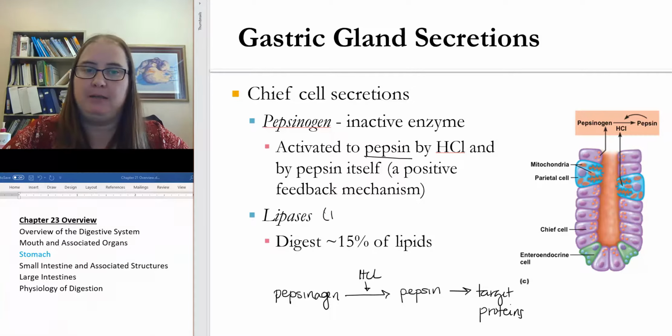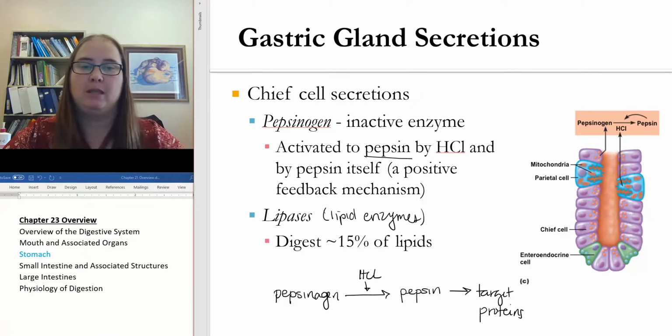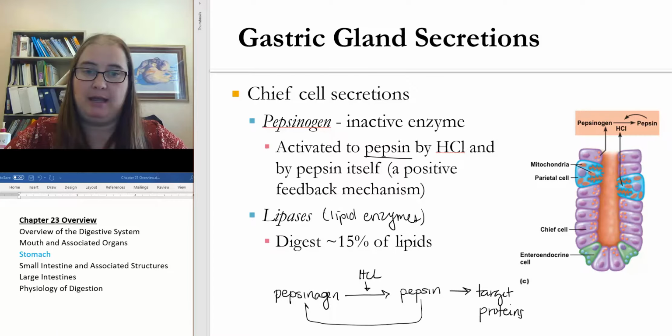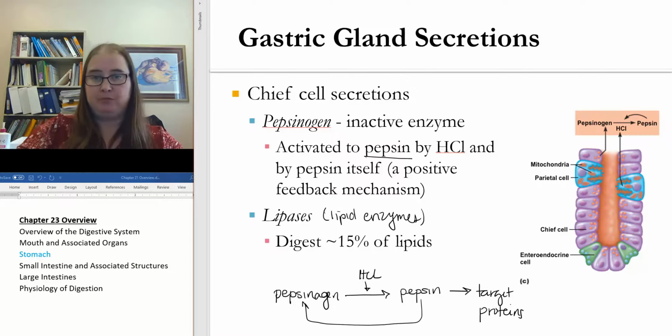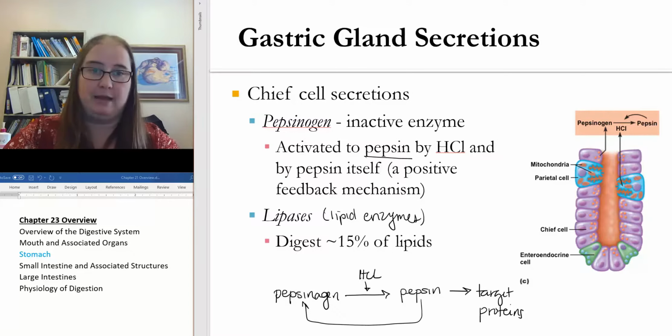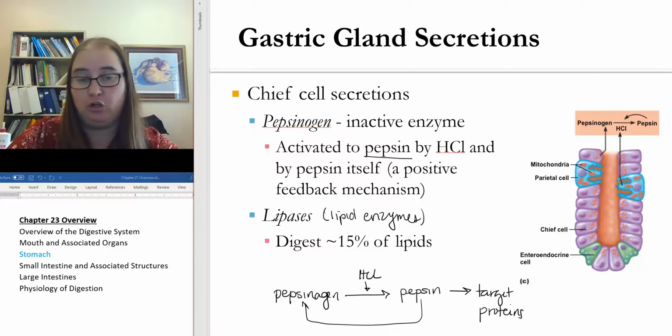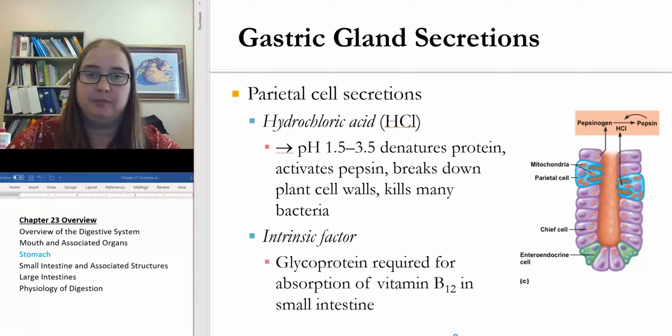Remember, our lipases are our lipid enzymes. About 15% of our lipids will start the process of digestion within the stomach. Now, once HCl activates pepsin, pepsin can actually come back and act on pepsinogen. So you get this self-positive feedback mechanism that occurs within this cycle.